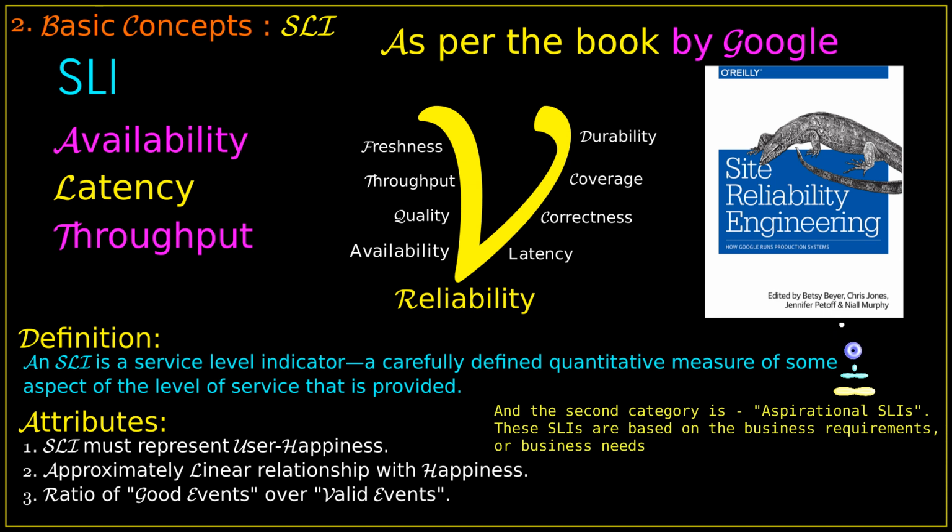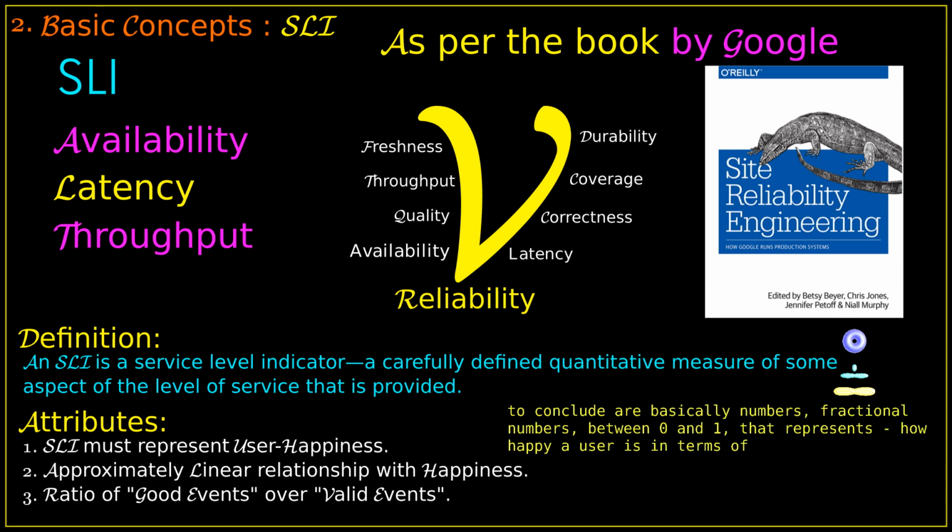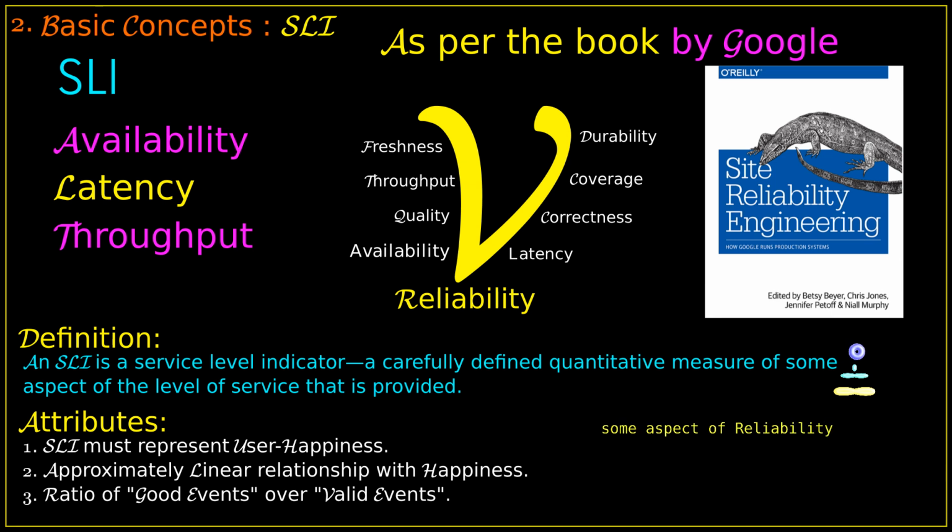These SLIs are based on the business requirements or the business needs planned to achieve higher degree of user happiness or stakeholder happiness, in other terms. So service level indicators, to conclude, are basically numbers, fractional numbers between 0 and 1 that represent how happy a user is in terms of some aspect of reliability.